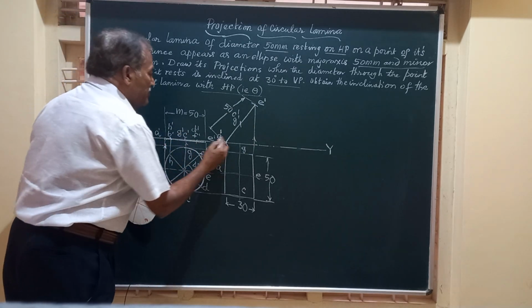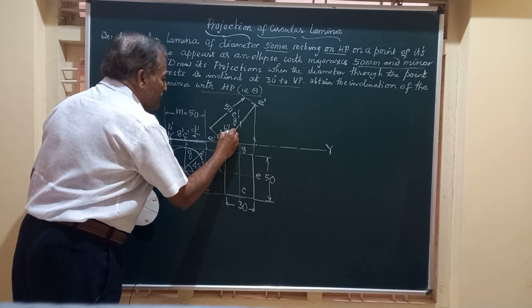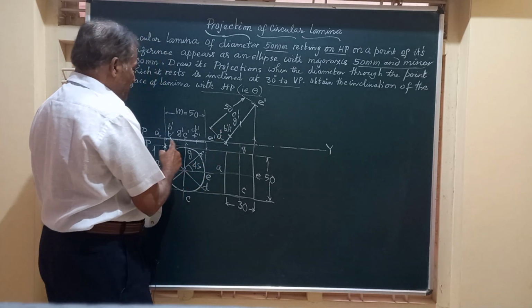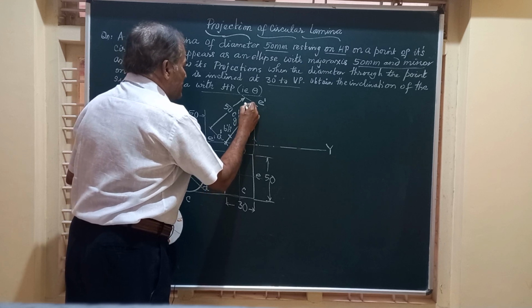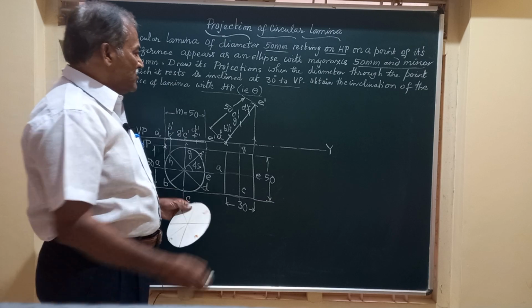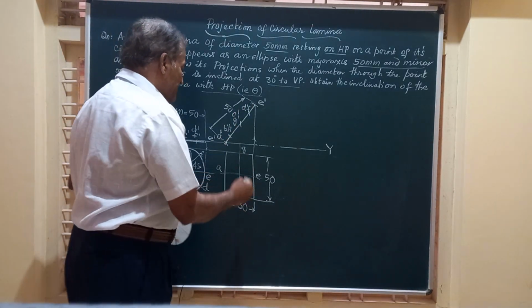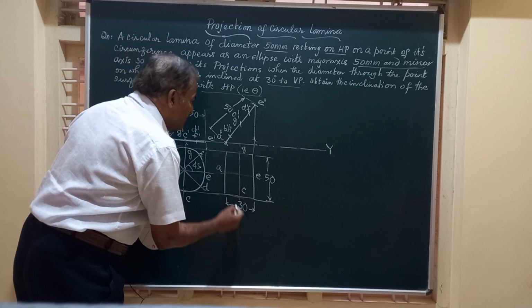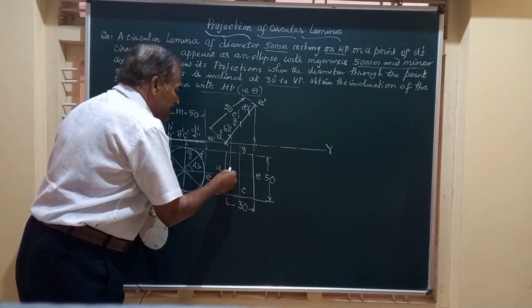After A, you got B and H. I will call this B dash comma H dash. Then we have got D and F, D dash comma F dash. So friends, let us locate all these 8 points here onto this. So we will have A, then B and H will fall on this. How to get B and H?